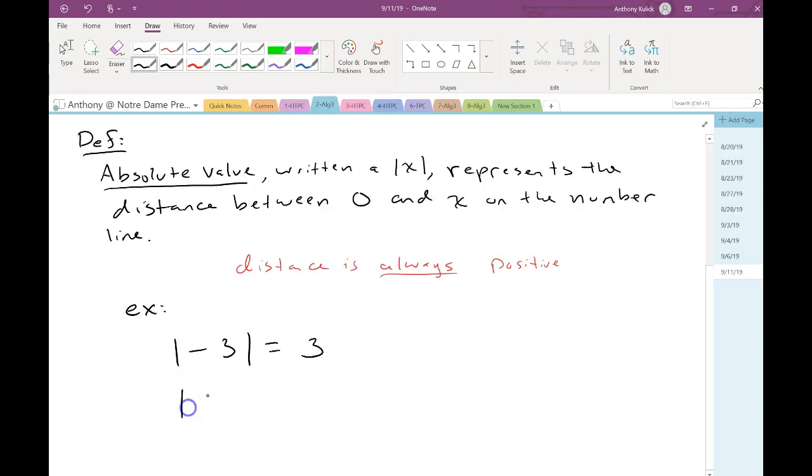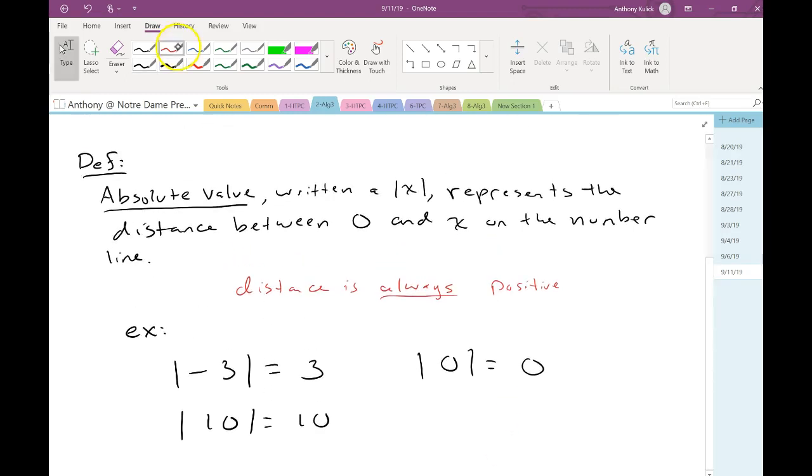Or if I take the absolute value of 10, what do I get? 10. If I take the absolute value of 0, what do I get? 0. Everybody feel comfortable performing an absolute value on a number? Should be very, very easy, right? You're like, oh yeah, this is a piece of cake, no biggie.